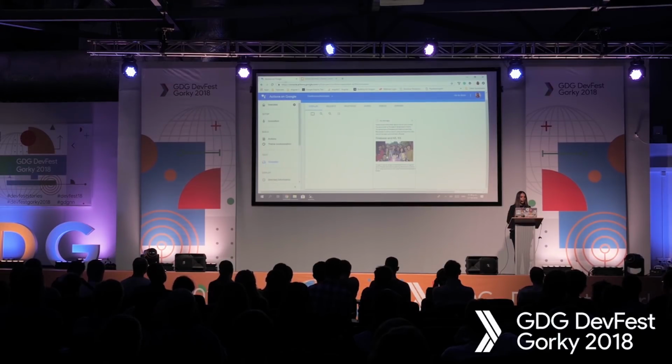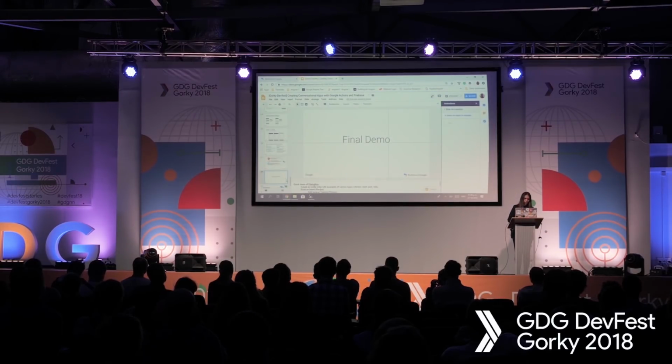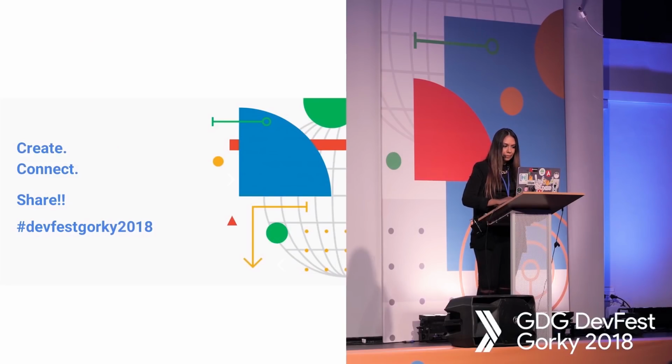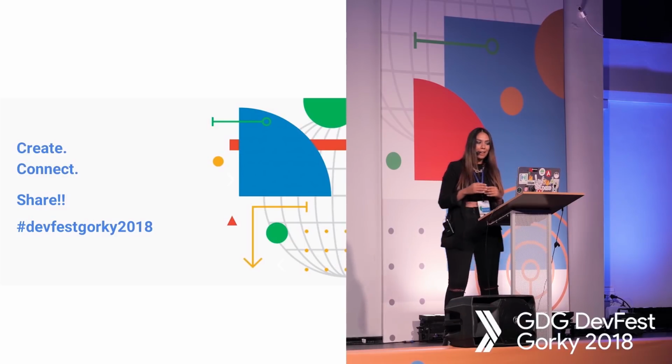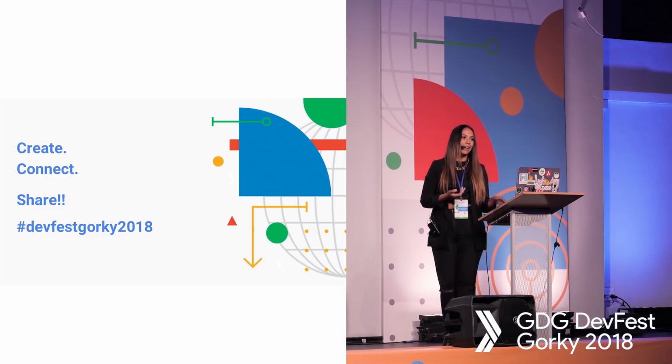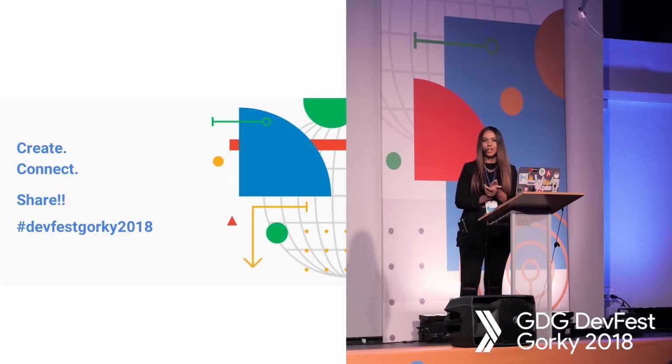I hope that you learn something today. And always remember that this kind of event is an opportunity to connect with other amazing developers like you. And of course, share what you know.